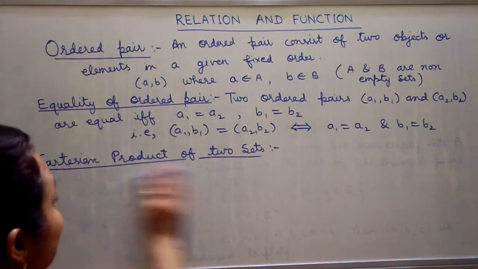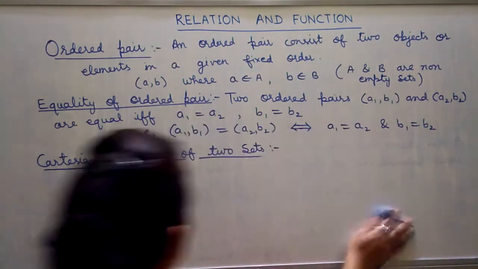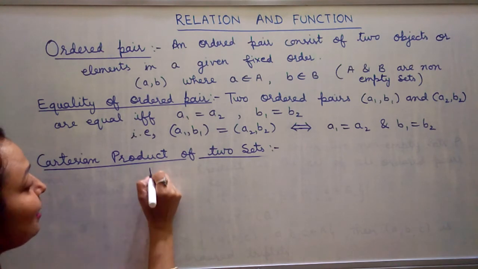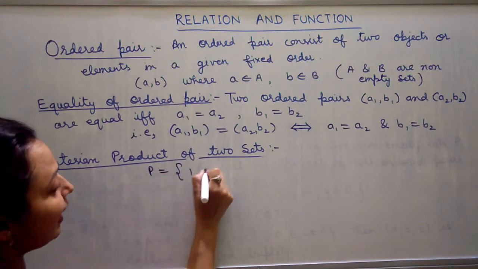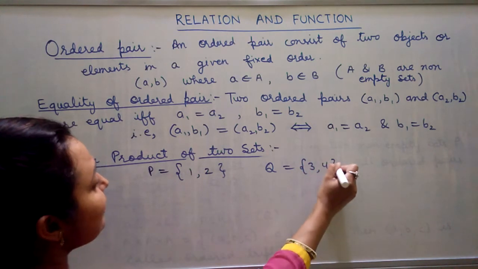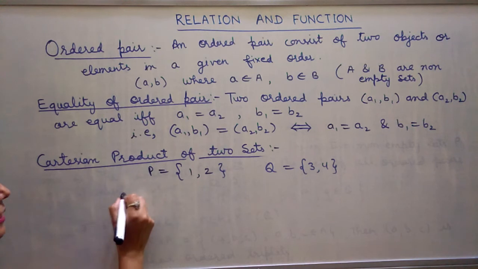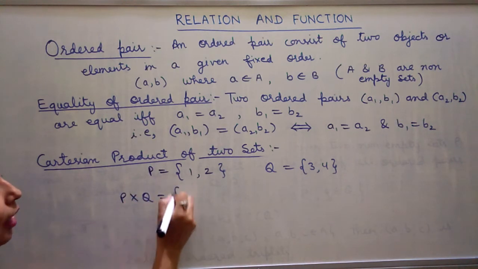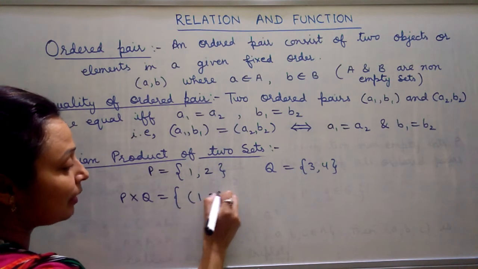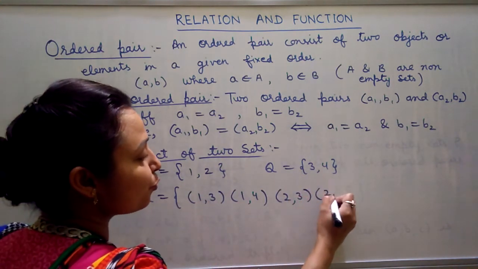Okay, so let's start with the numbers P and Q. Let us suppose we have P equals {1, 2} and Q equals {3, 4}. So how can we take the Cartesian product that is represented by P cross Q? It will equal (1, 3), then (1, 4), (2, 3), then (2, 4).